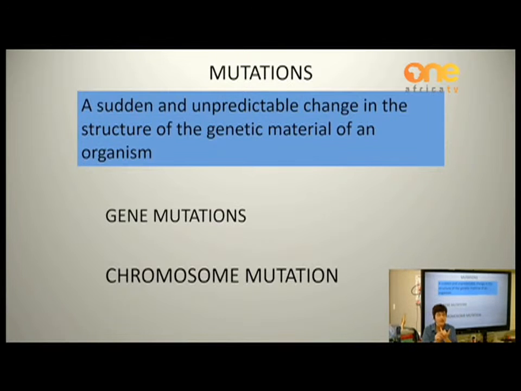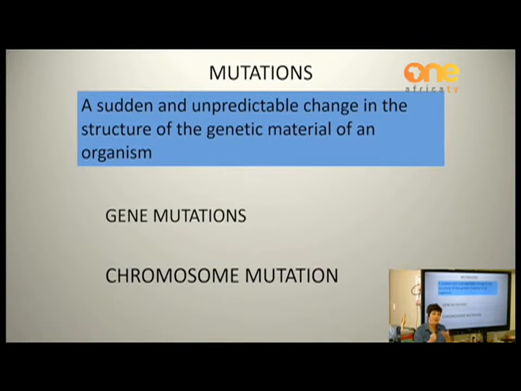So altered or changed or deleted, or suddenly an extra one appears. That is when the gene changes. And when the gene changes, the order of the bases in a gene changes, and the recipe outcome of that protein will be wrong or different.